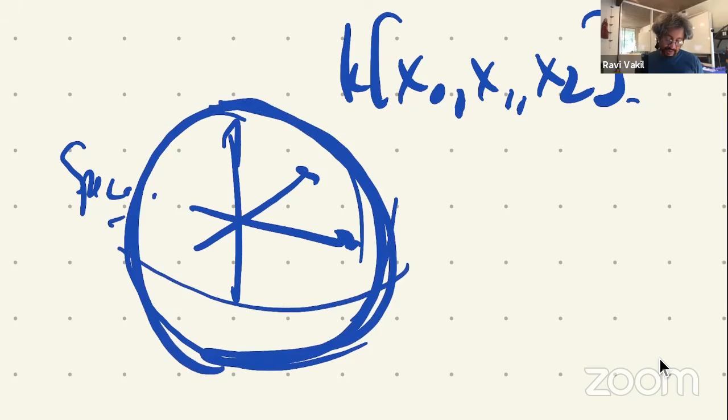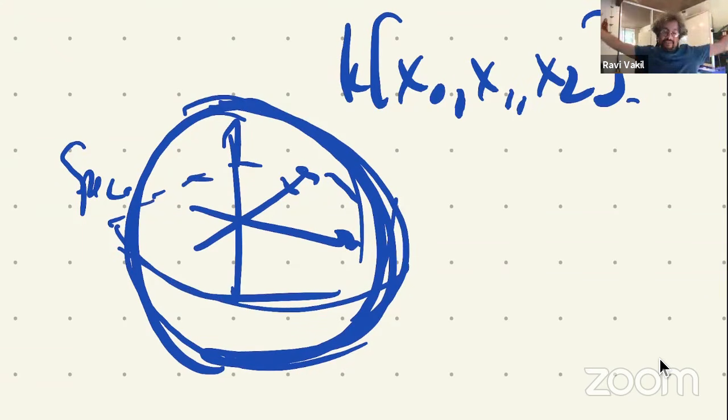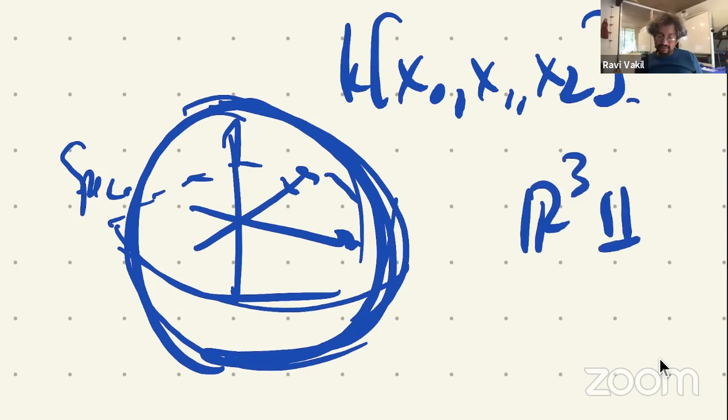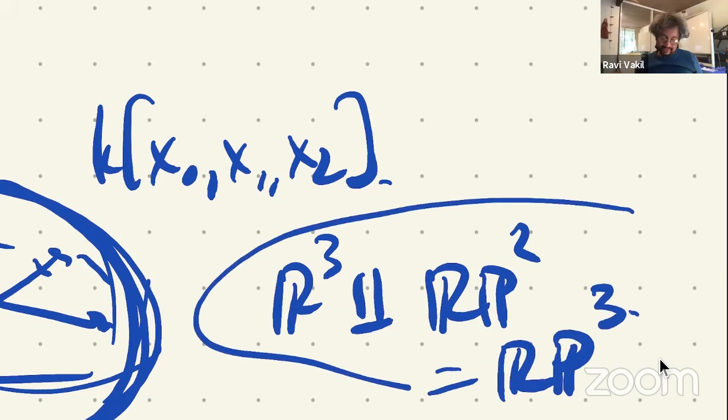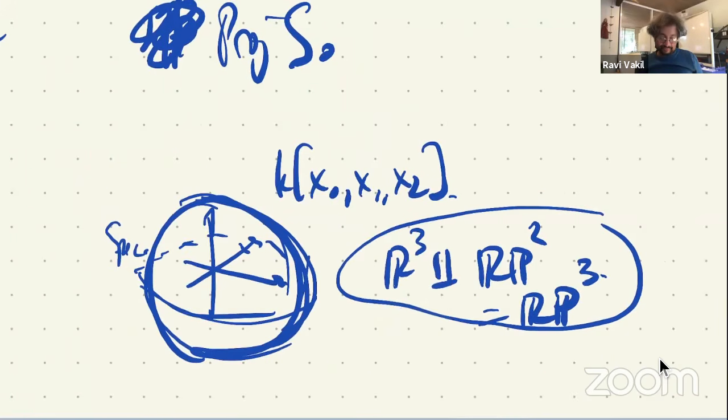This is another reason why I draw P2 as the surface of a sphere. You should be able to compactify that and have the plane at infinity. You should be able to glue this on, so R3 union RP2 should be, in an appropriate sense, RP3. This is not the right way to say it.